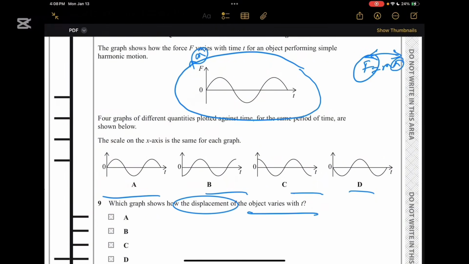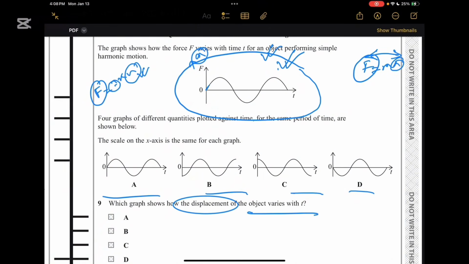Another thing that I want you to understand is F is equal to minus kx. The graph of force versus time is out of phase with displacement by pi radians. We don't need to know about the pi radians at the moment. What we can actually do is this is a sine graph, right? If force is a sine graph, then the displacement will be a negative sine graph, but exactly the same.